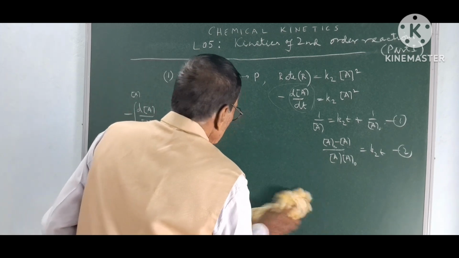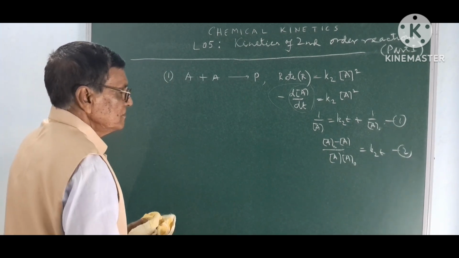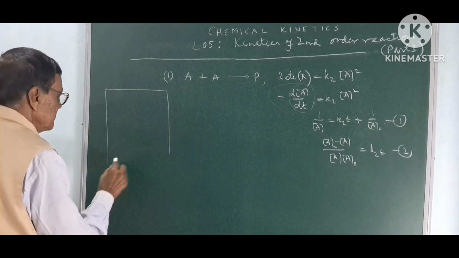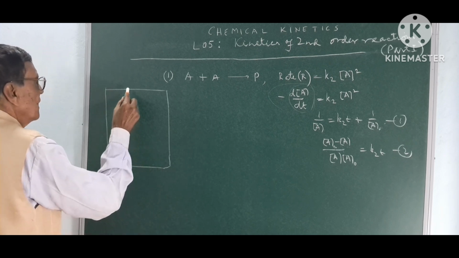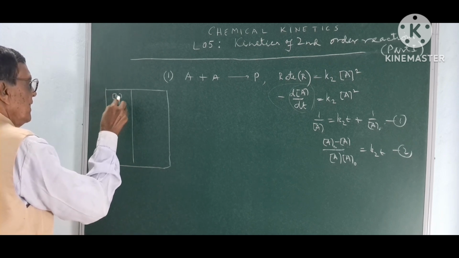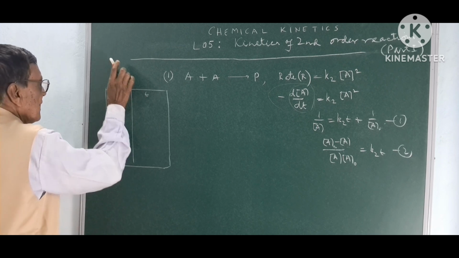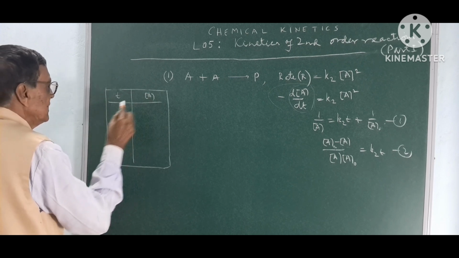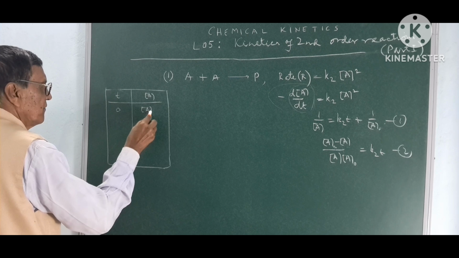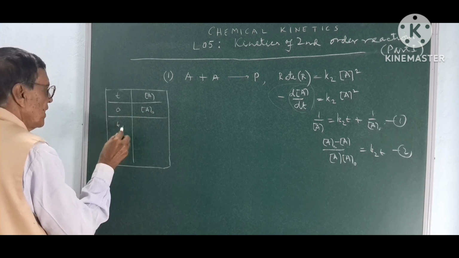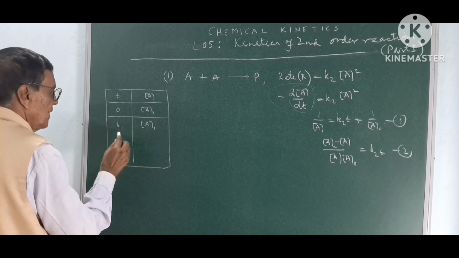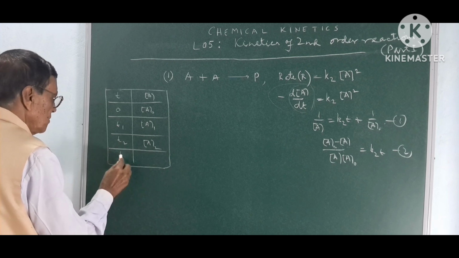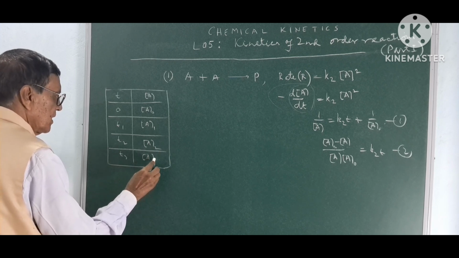Whenever you collect the data, suppose here is the table, here time t and here concentration of A. When T equal to 0, concentration of A naught, when T equal to T1, concentration A1, when T equal to T2, concentration A2, and T equal to T3, concentration A3.